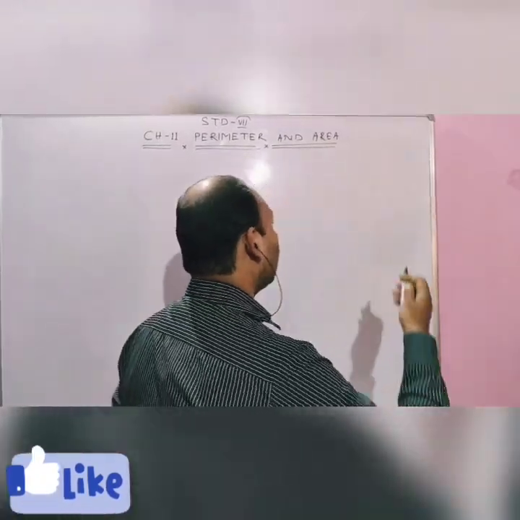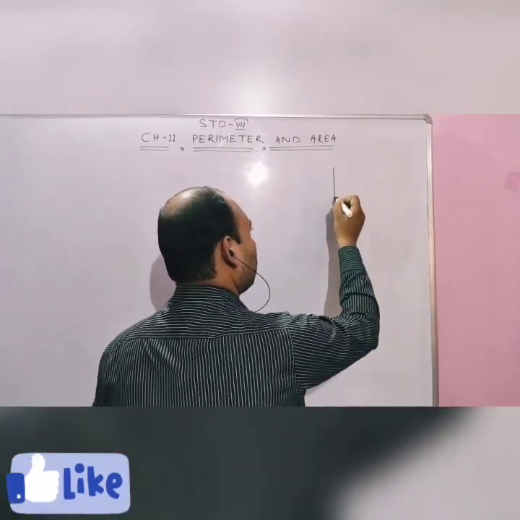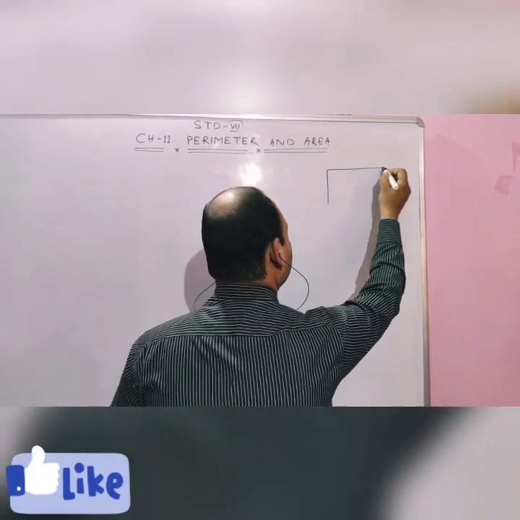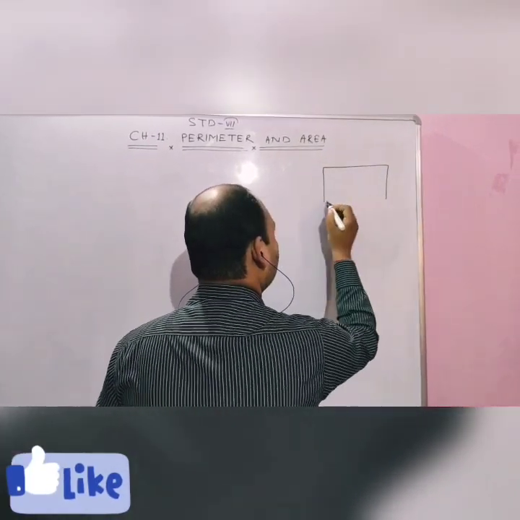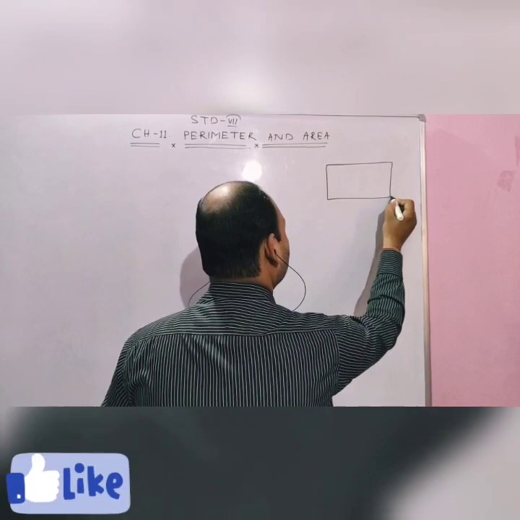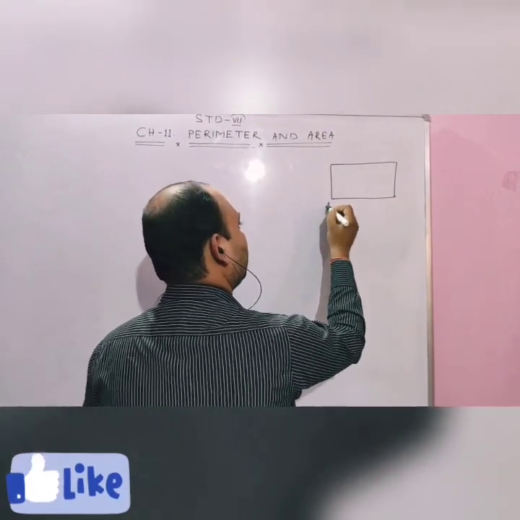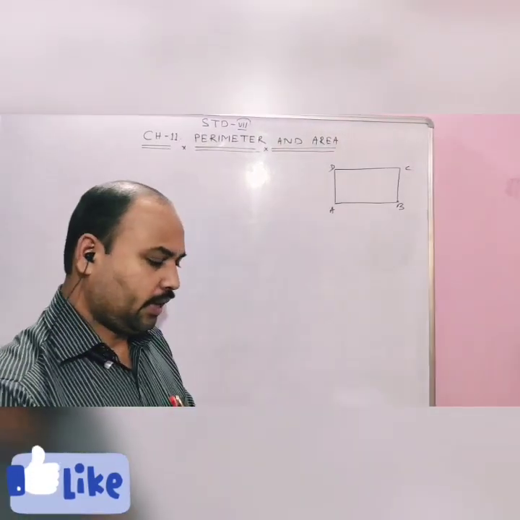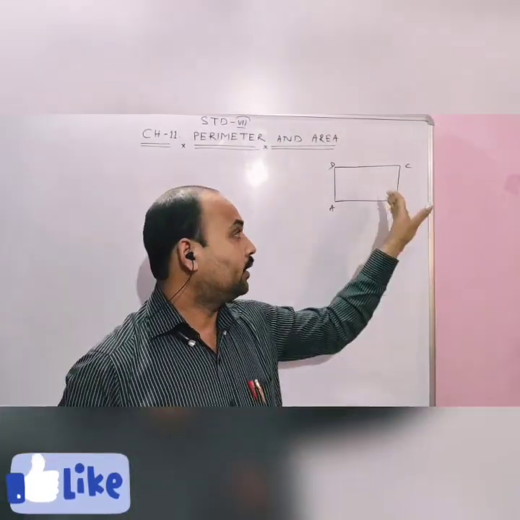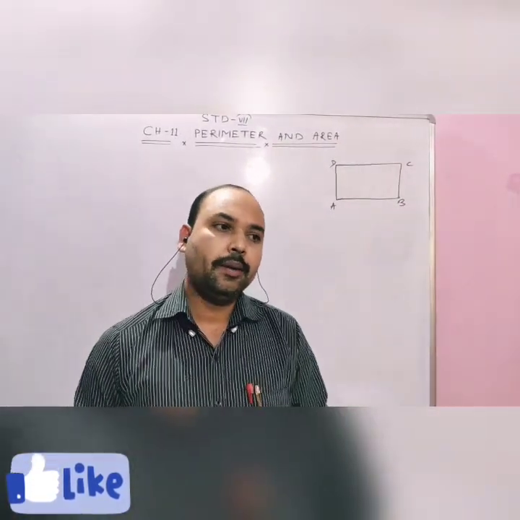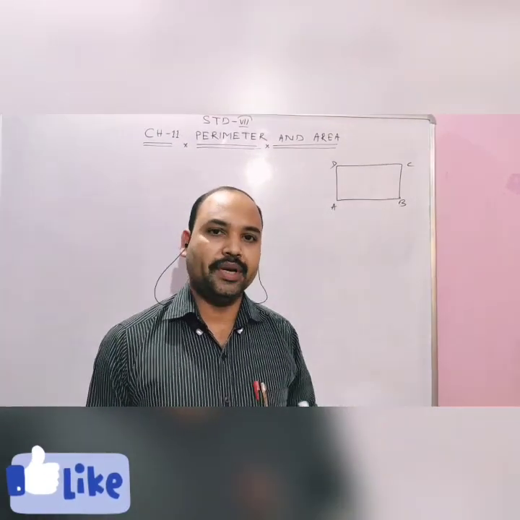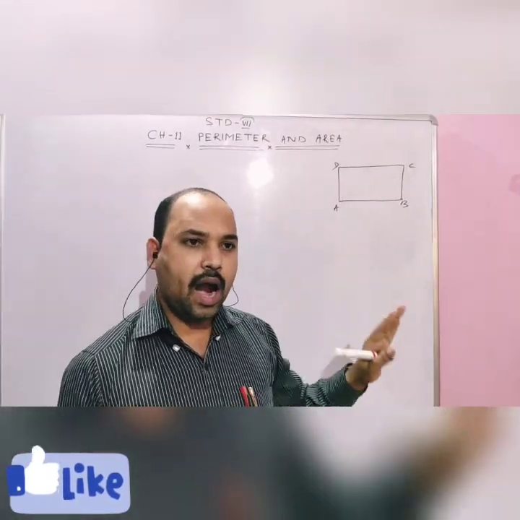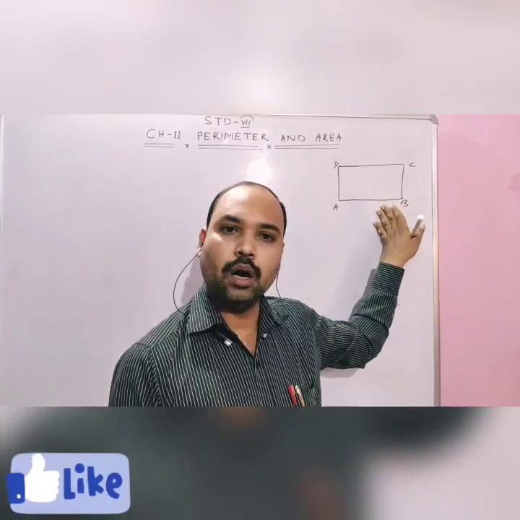Suppose I take one rectangle here, and its name is ABCD. It is a rectangular figure, which means it is a closed figure. When we find the perimeter, we have to add all the sides of the figure.